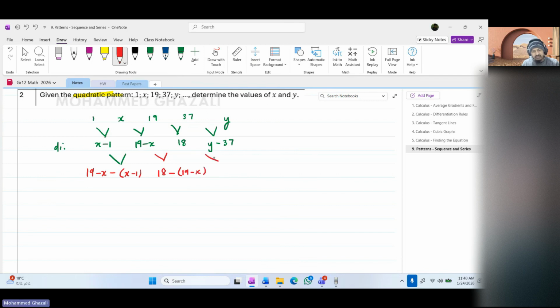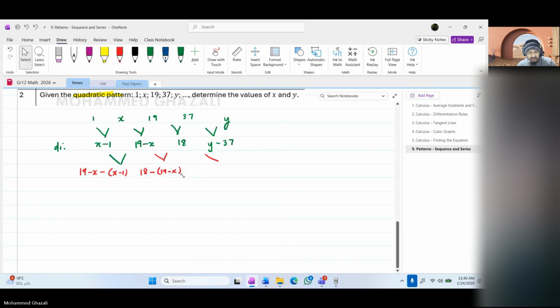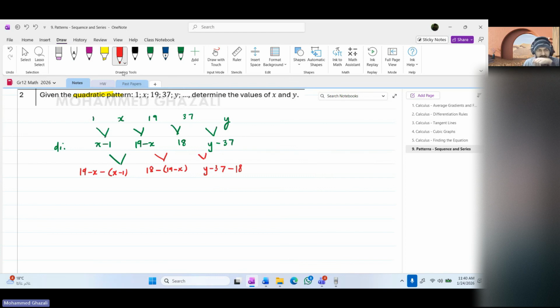Right, so you can clearly see that these terms are bigger, so I'm just going to move this to the side. And look at the last two. That's going to be y minus 37 minus 18. Now let's simplify each one.